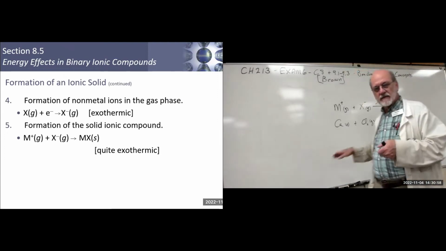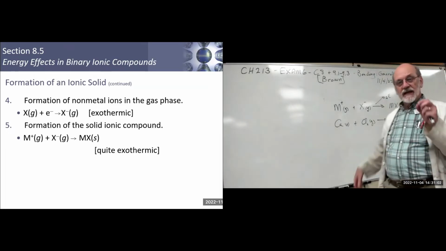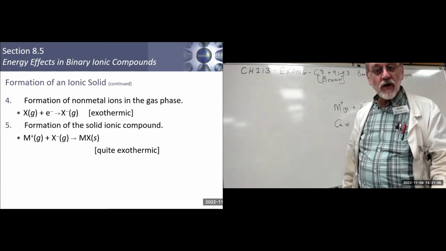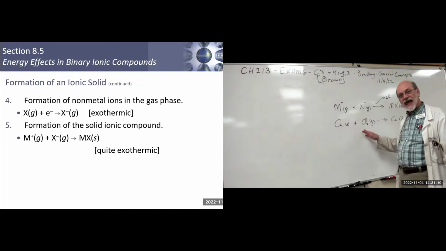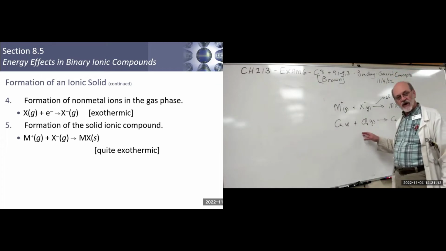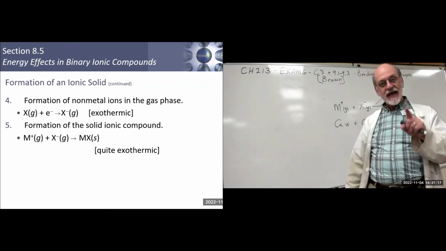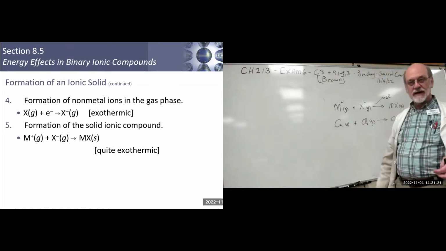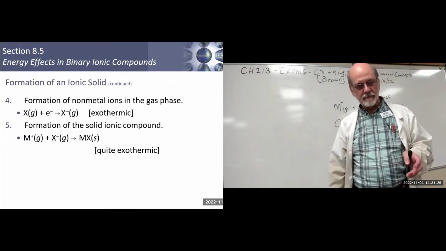Then we take the free atom in the gaseous state, and we invoke electron affinity, right? How does that separate gas atom attract electrons? There we get some energy back. And now we form the ion, the chloride ion, from that exothermic process, electron affinity.